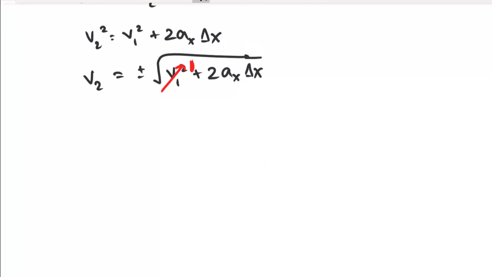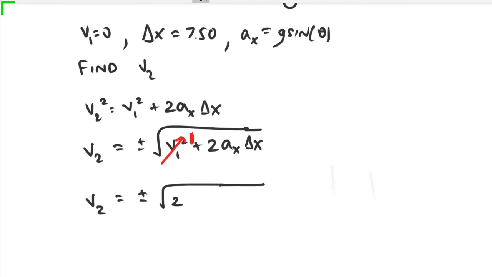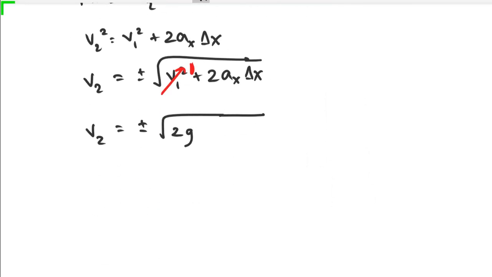So v2 is equal to plus or minus the square root of 2 g sine theta times 7.5. This is what we end up with for v2, which, plugging it in, comes out to 9.39 meters per second.